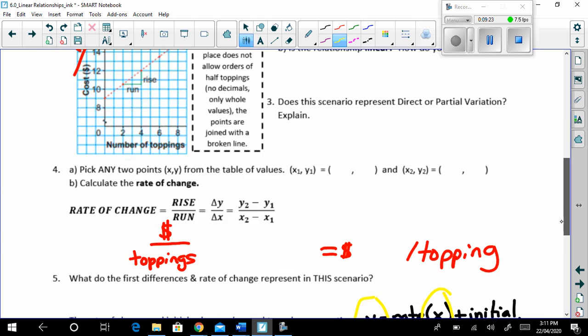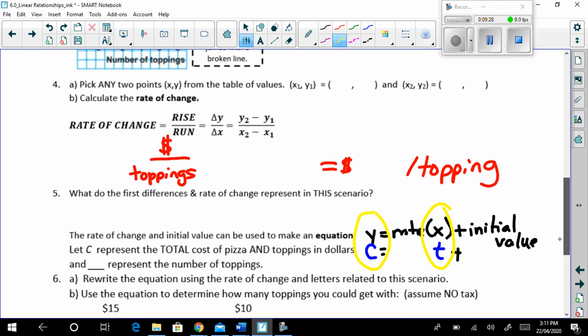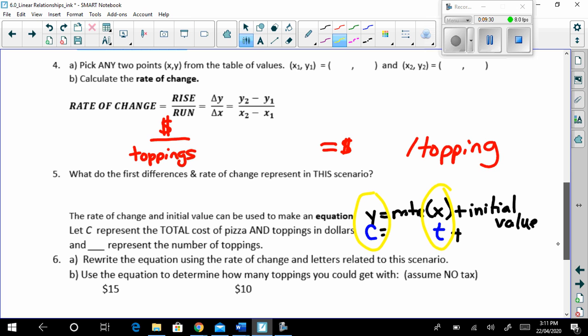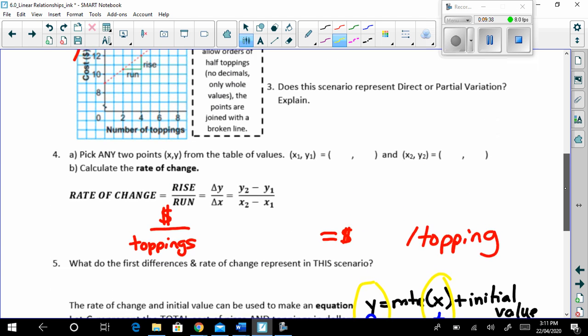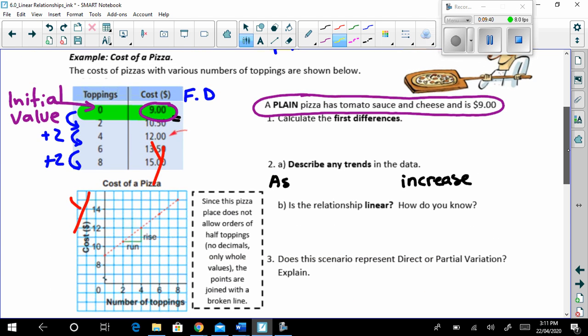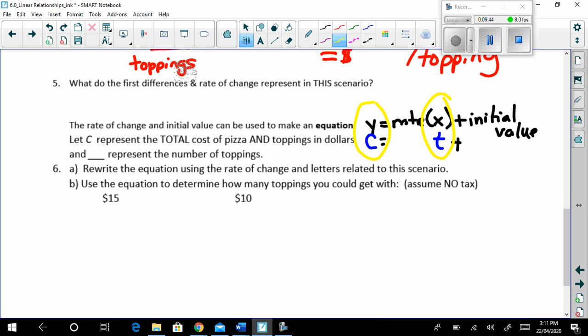So I've picked a T, maybe you would pick an N. Try to pick a letter that matches what you're talking about, okay? And then our rate, we can go up to question 4 to get, and our initial value, we can look up above to get some ideas of what our initial value might be, and we can substitute that in and have our very own equation, okay?